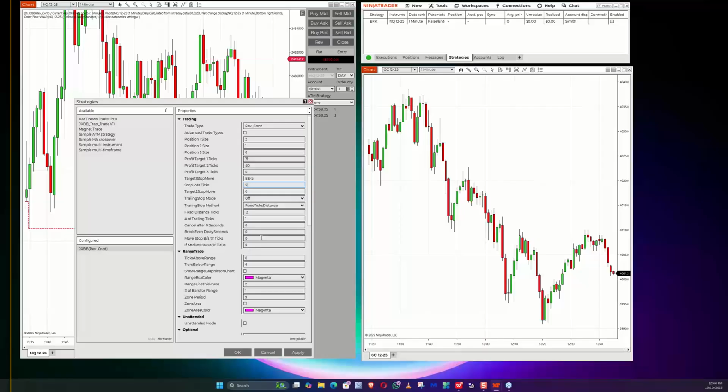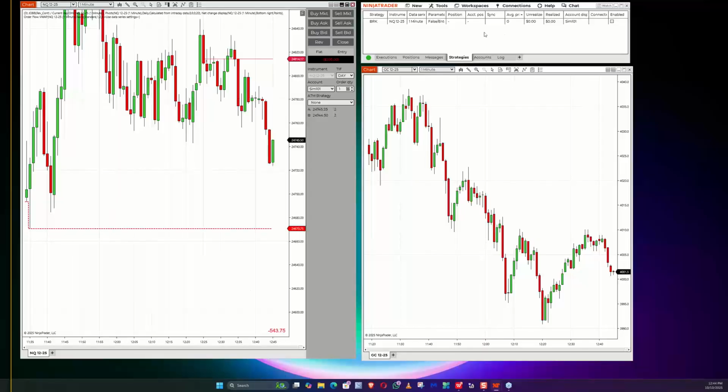And that way, when the trade appears on the chart, it's set up better and it's easier to manage. I don't have to worry so much about moving the stop. So watch, I'll put it on the chart one more time and enable the trade. Maybe the market's going to pull back now.